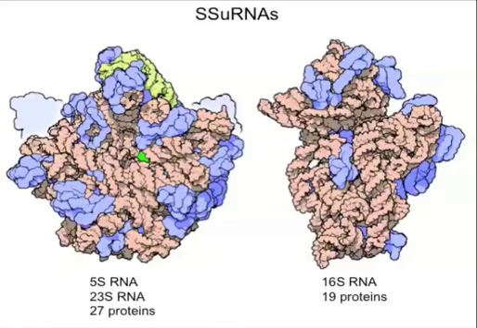I should point out, I guess, what is this S thing? Well, that's a Svedberg unit. That's not an SI unit. The Svedberg is a unit of centrifugation, sedimentation coefficient. So when these ribosomes were first being characterized, they were characterized by ultracentrifugation. They were subjected to strong centrifugal forces, and what that resulted in was the separation of the ribosome into different components.